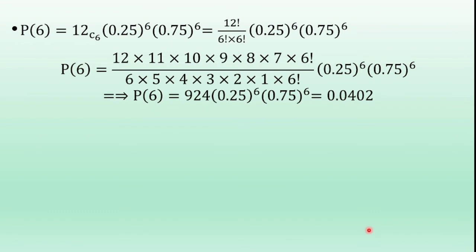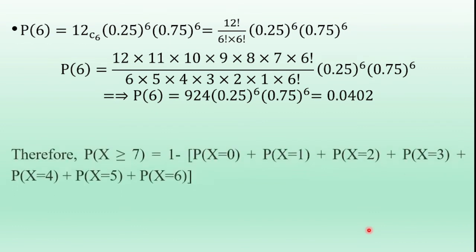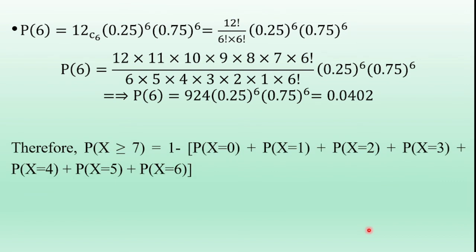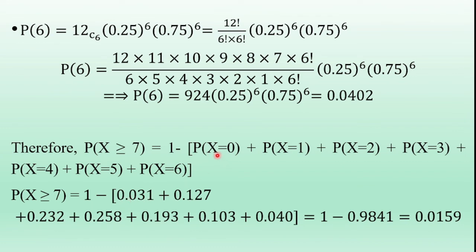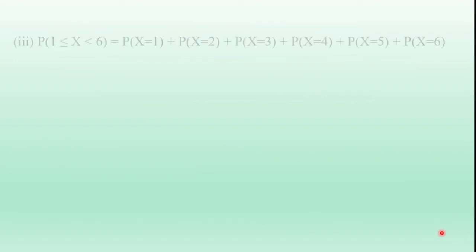Substitute all these probability values into the expression: P of x greater than or equal to 7 is equal to 1 minus the sum of P of x is equal to 0 to P of x is equal to 6. Substituting all those values, we get P of x greater than or equal to 7 is 0.0159. This is the second bit solution.